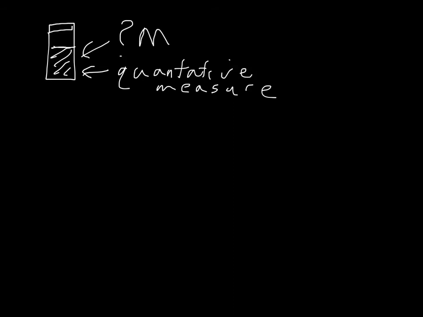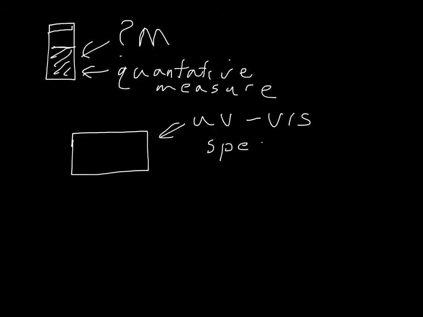We would go to our instrument, and our instrument in today's lab would be a UV-vis, ultraviolet visible spectrophotometer, and we'd place in our spectrophotometer a series of samples.